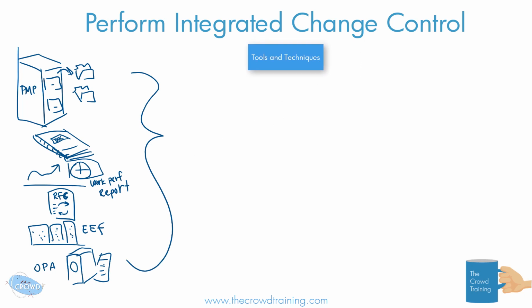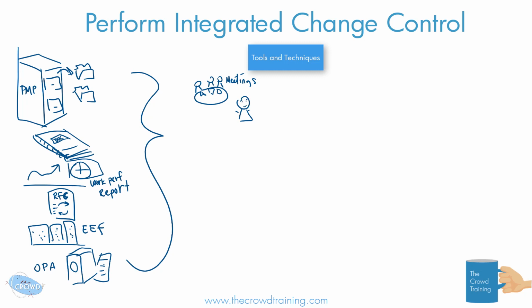Well, you're probably going to have to meet to discuss this. So you might have a change advisory board, or you might, as a project manager, have to be part of that, or you might not. It depends how it's structured. Maybe it's all done virtually. Maybe it's a conference call. However the case, you're probably going to have plenty of meetings to talk it over and discuss it. You're also going to be leveraging those people and their experiences and their knowledge.